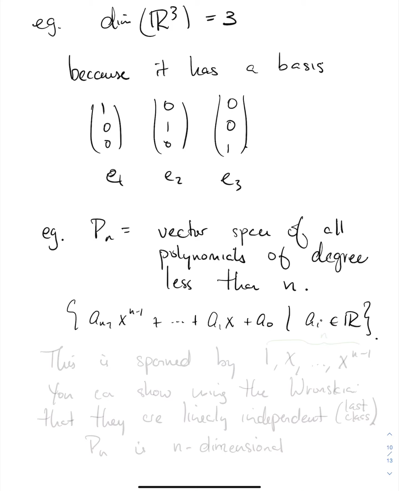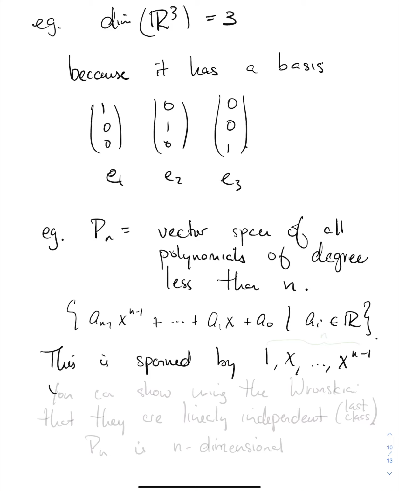Okay. Just by looking at this, we can see that this is spanned by 1, x, all the way up to x to the n minus 1. Every element in the vector space can be expressed as a linear combination of these vectors.